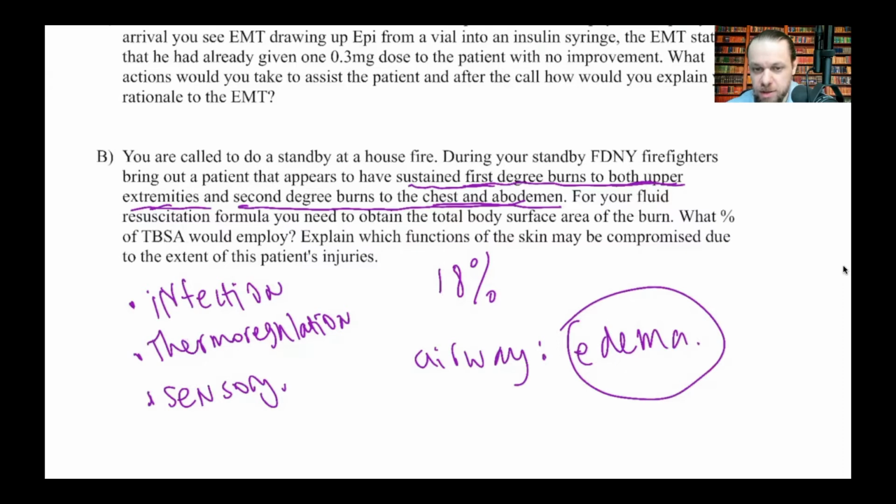So that could be potential problems if they have too much carbon monoxide. They will not get the exchange. But for this purpose, 18% is the correct total body surface area. And in the integumentary system, infection, thermoregulation, and sensory control would be affected. So good.